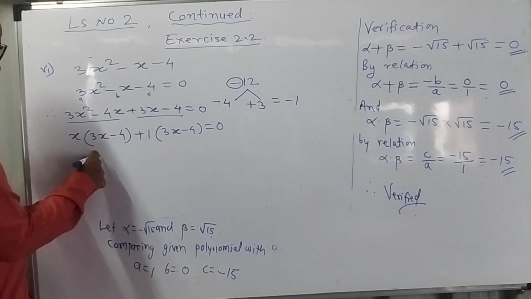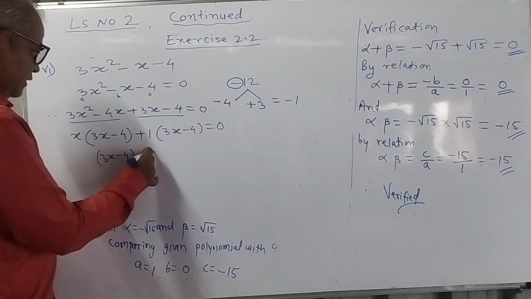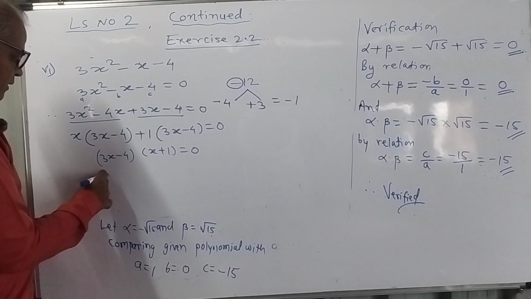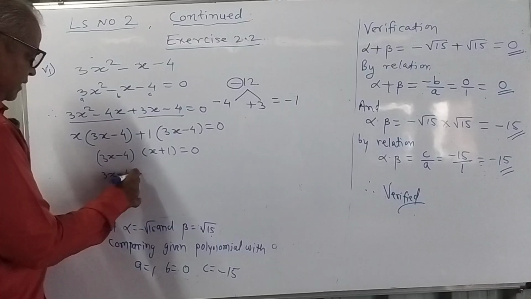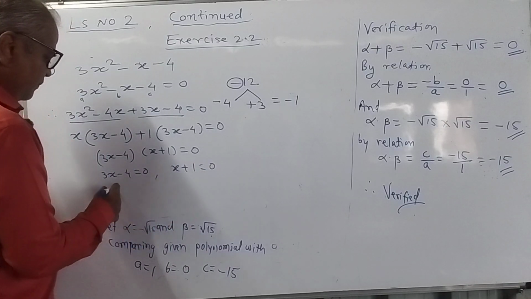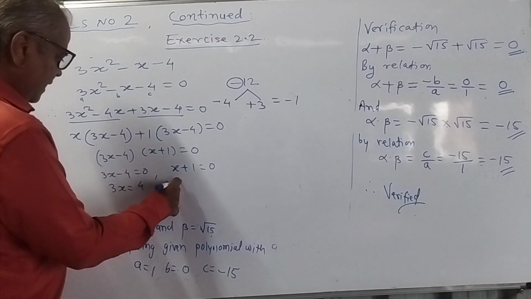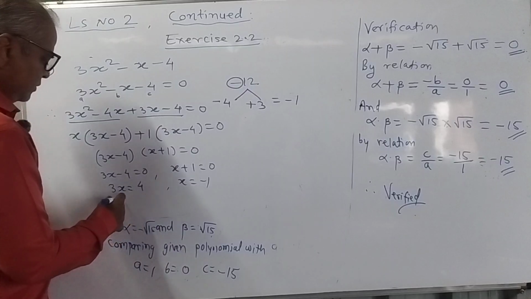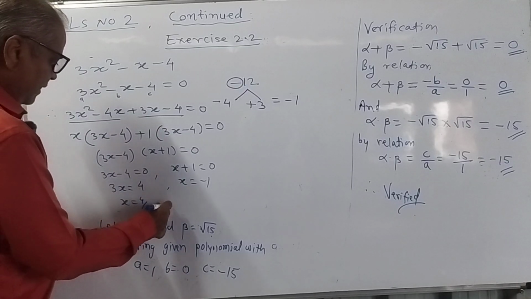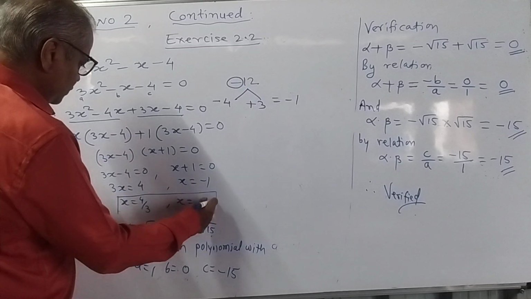Now the same bracket once, 3x minus 4, x plus 1 is equals to 0, 3x minus 4 is equals to 0, x plus 1 is equals to 0, 3x is equals to plus 4, x is equals to minus 1, so x is equals to 4 upon 3, x is equals to minus 1 are the zeros.